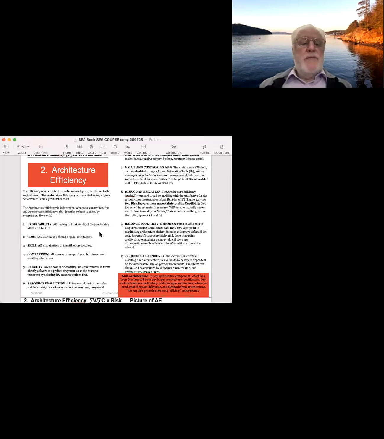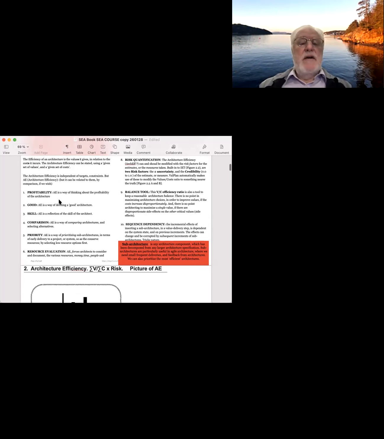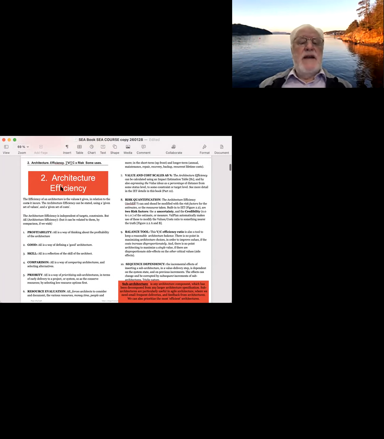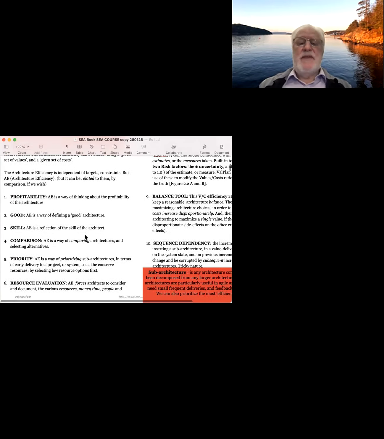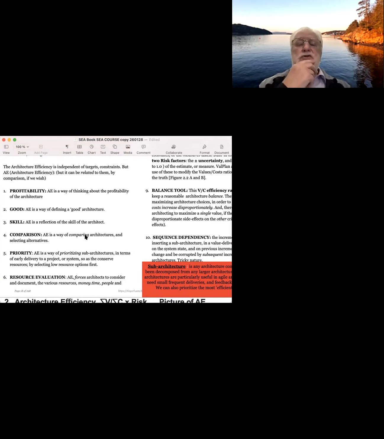So we have some concepts here. This is a way of thinking about the profitability of the architecture, okay? And I haven't heard that term too much in the architectural methods I've looked at: how profitable is any component of the architecture and the total architecture. So obviously in profit-making corporations, doing architecture profitability would seem to be the right thing to do.